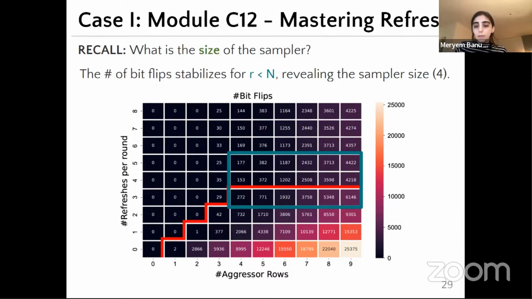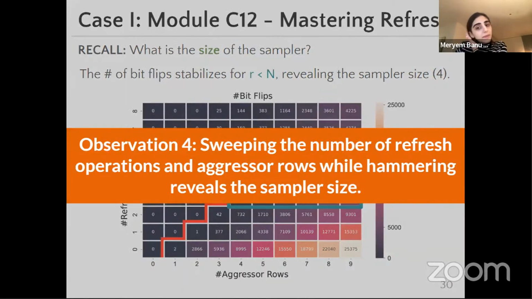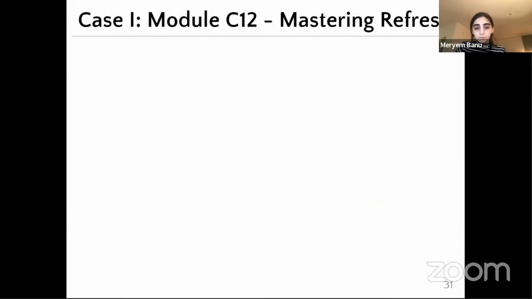As expected, we see the number of bit flips remaining constant for refresh count greater than or equal to 4 when the aggressive row count is 4 or more. This reveals the size of the sampler as 4. And this leads to the following observation: sweeping the number of refresh operations and aggressive rows while hammering reveals the sampler size.